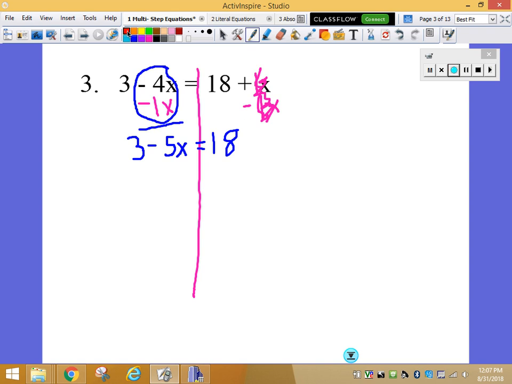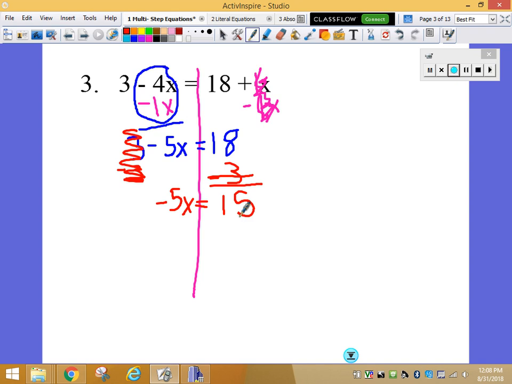Step 3 is to move your number to the right. So I'm going to take this 3. It's a positive. The opposite of positive is a negative. So I'm going to subtract 3 on both sides. My 3's go away. I'm going to bring down negative 5x. Here, 18 minus 3 is 15.